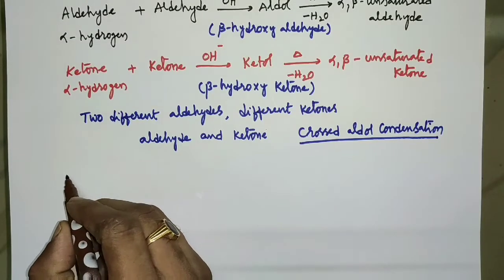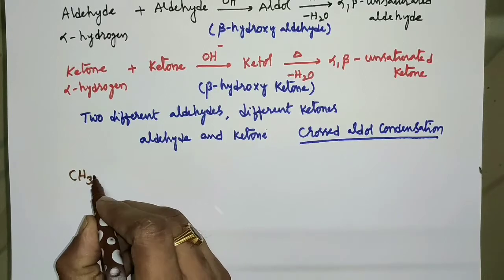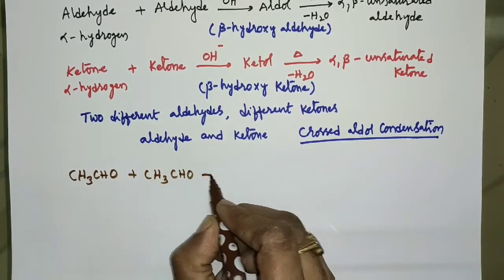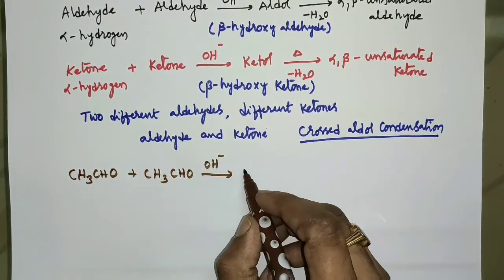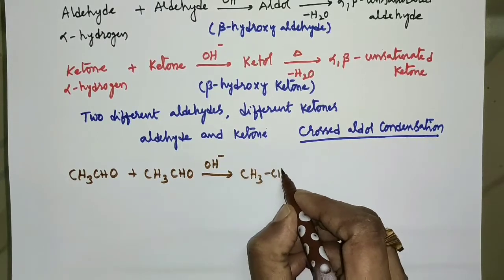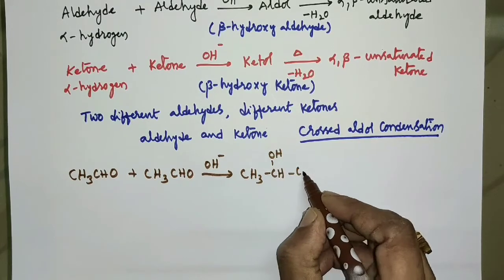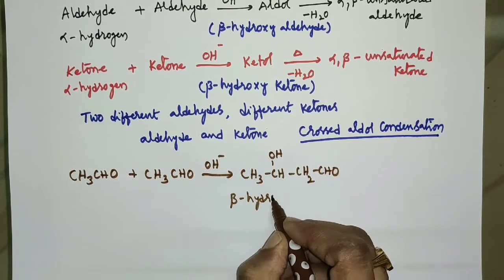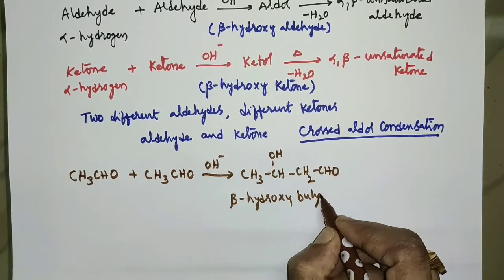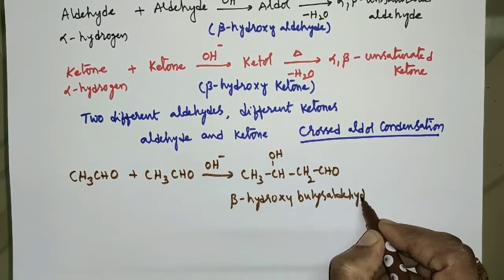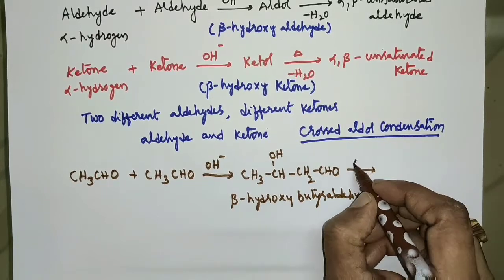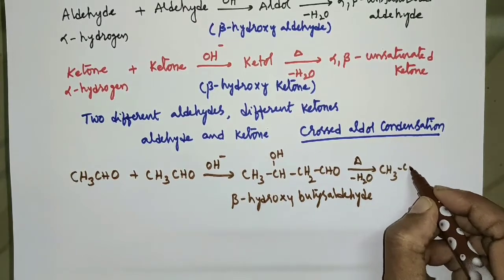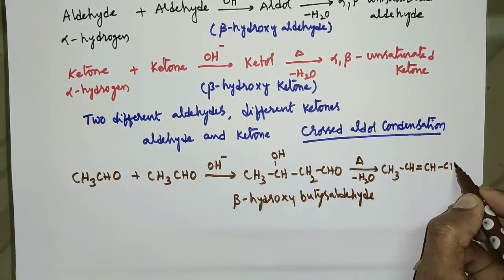I'll give you an example for aldol condensation. Acetaldehyde combines with another acetaldehyde in presence of a base to give beta hydroxy butyraldehyde, which on heating loses water to give crotonaldehyde.